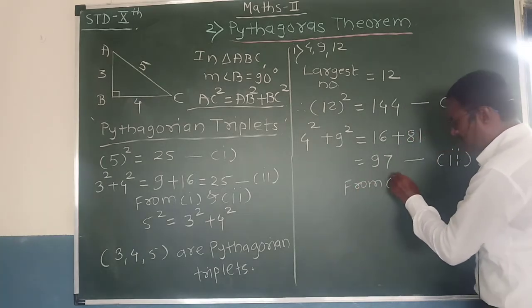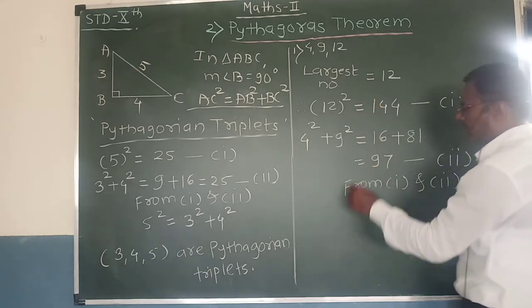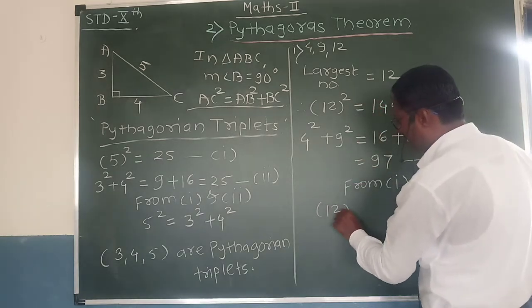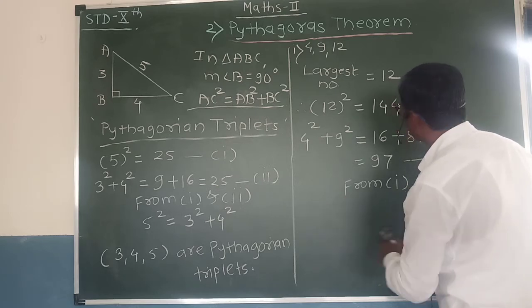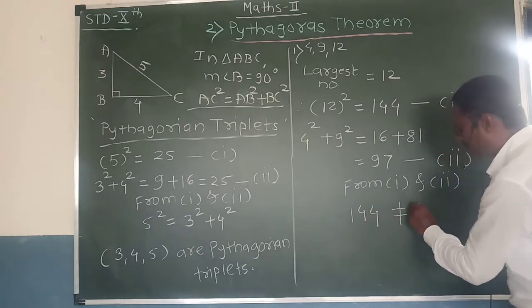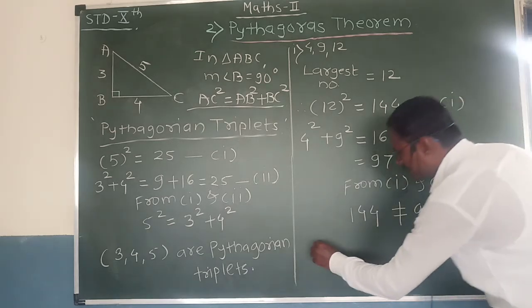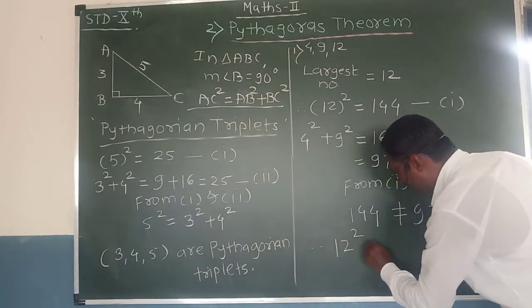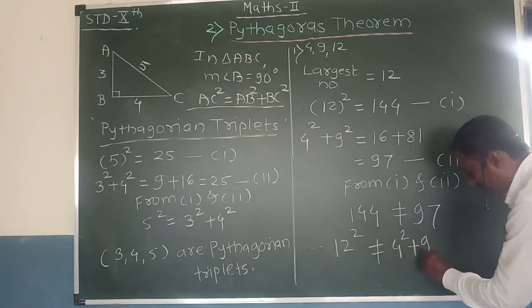From equation 1 and equation 2, 144 is not equal to 97. That's why you can say 12 square is not equal to 4 square plus 9 square.